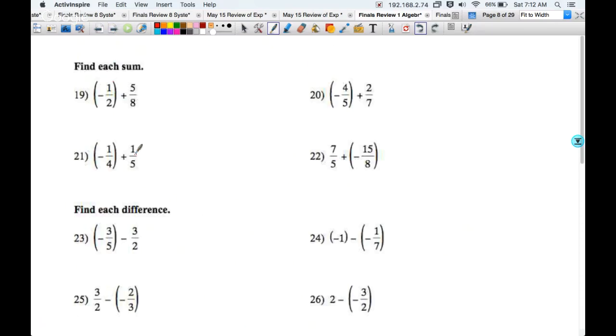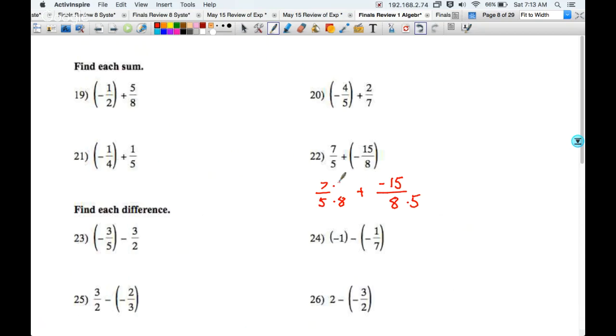All right, in order to find a sum, you need to get a common denominator. So let's look at one like 22 here. A guaranteed way to get a common denominator is to multiply the first fraction's bottom by the bottom of the second fraction, and the second fraction's bottom by the bottom of the first fraction. All right, so now they'll both have a 40 on the bottom because I multiplied this by 8 and this by 5.